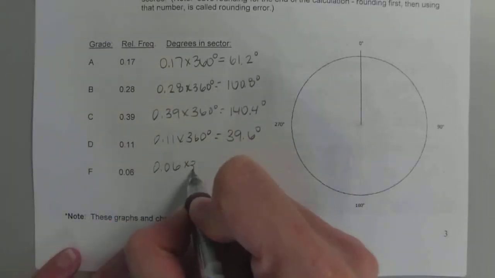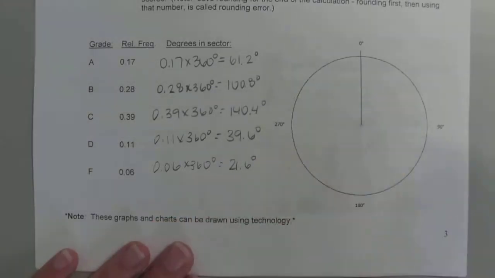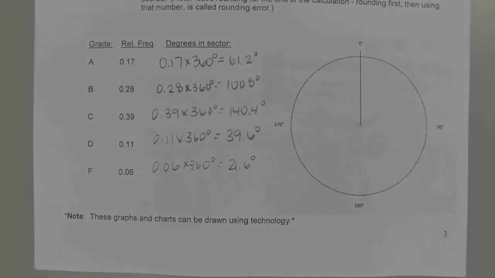And last but not least, guys, 6/100ths of a circle is 21.6 degrees. Is everybody okay with that? I know I went quickly, but I trust you can all throw that in your calculator and multiply by 360.